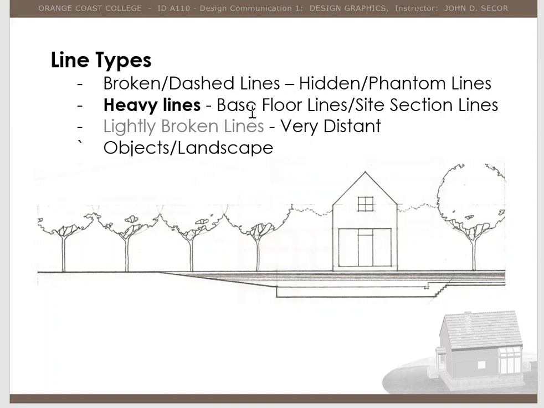Those heavy lines, like I said, are for the base floor line, the ground line, or a section sight line. You'll see that when we do our section next week. These lightly broken lines are for a little distance, little trees here and there, maybe for objects or landscapes. Remember, the closer something is, the darker the line and the more detailed. The further away it is, we want to make it ghosted or vignetted.